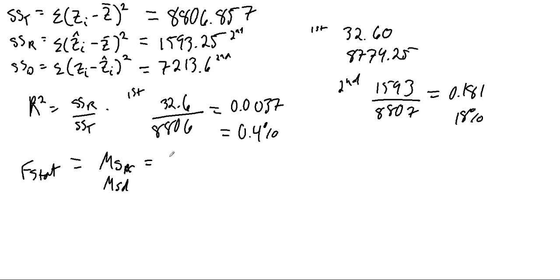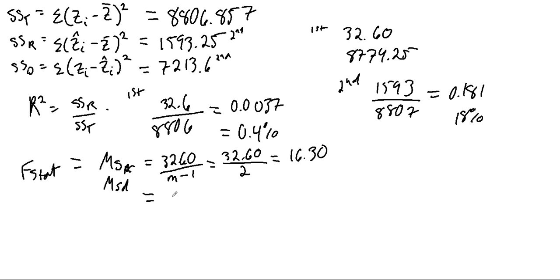So we have 32.60 divided by the number of coefficients minus 1. We had 3 coefficients, so divide by 2. And that gives me my MSR value of 16.30.